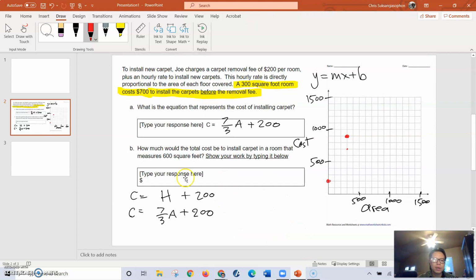Okay. So part B asks, how much would the total cost be to install carpet in a room that measures 600 square feet? Okay, so what would you do here? Okay, so if the area is 600, to find how much it would cost, we can plug that value in for A and solve for C. Okay, so let's give ourselves a little space here.